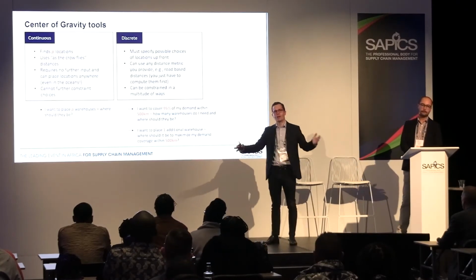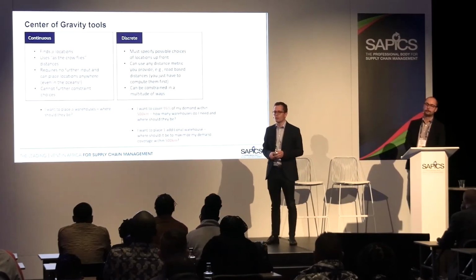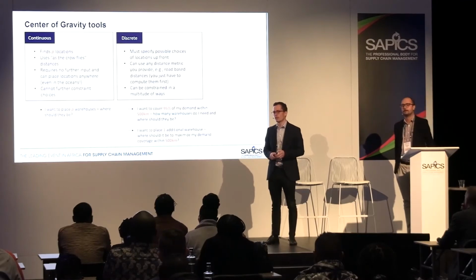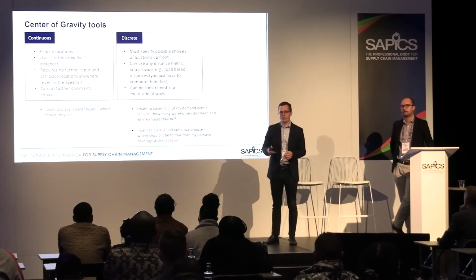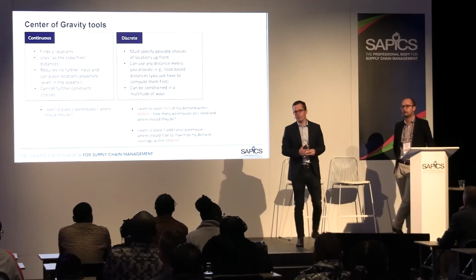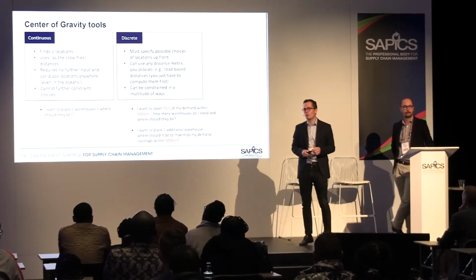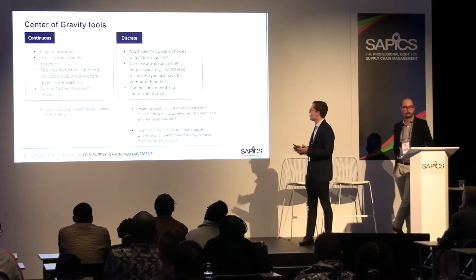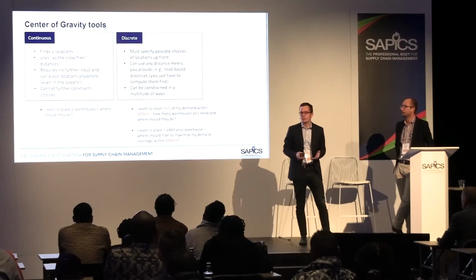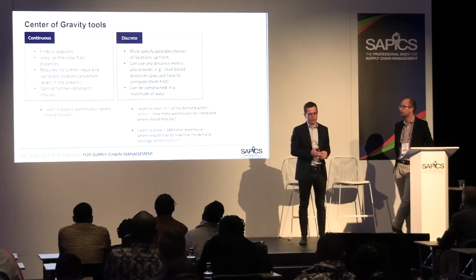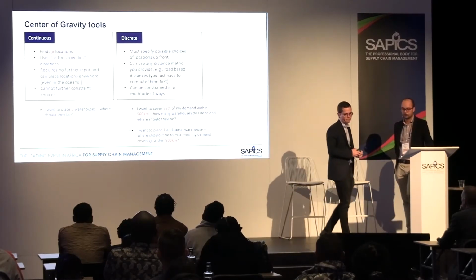It will place warehouses in the continuous space, and it will use only as-the-crow-flies distances, right? So this means that we could rapidly do stuff. We don't have to specify a lot up front, but it also has a few downsides, in that it can place locations in the middle of the ocean if you're unlucky. Or we can not further constrain the models to do more cool stuff. But it's really quick. We'll show you a few examples in a bit.